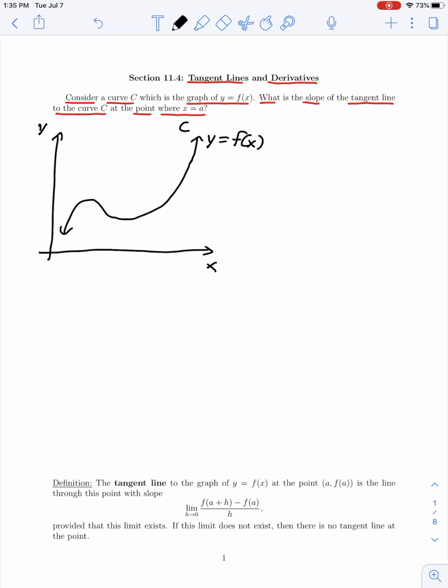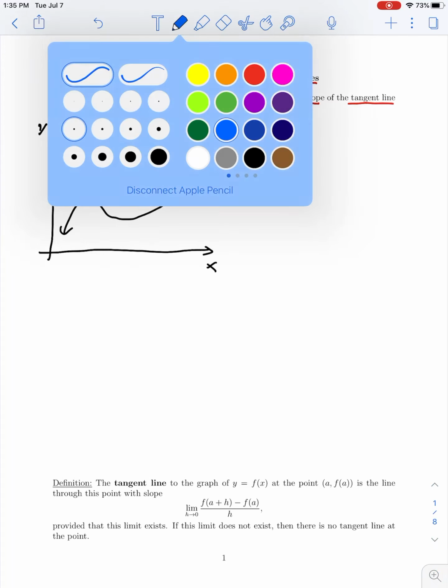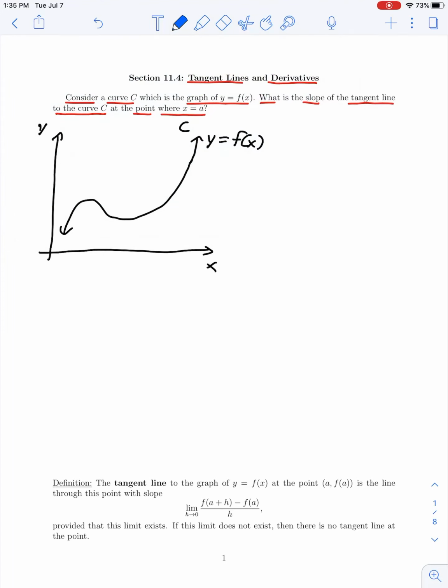And I'm choosing a value of x, let's say x equals a. So I can find a point on the graph of my function, or this curve C, which would be the point a, and the y-coordinate, since it lies on the graph of the function f, is f of a.